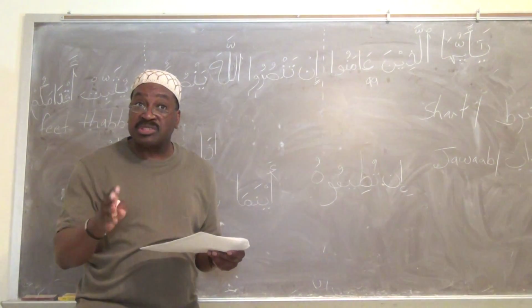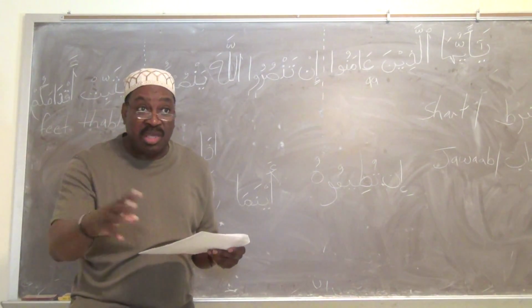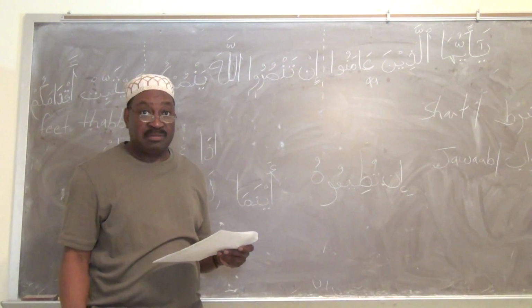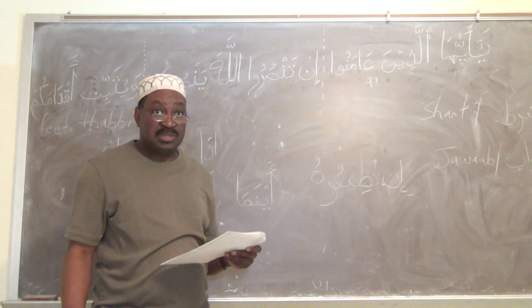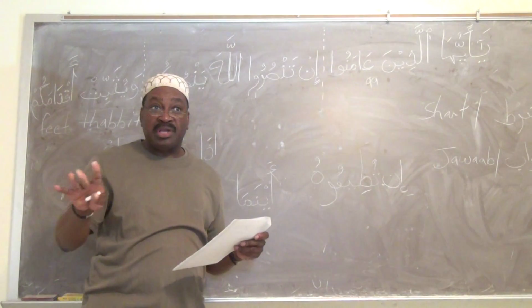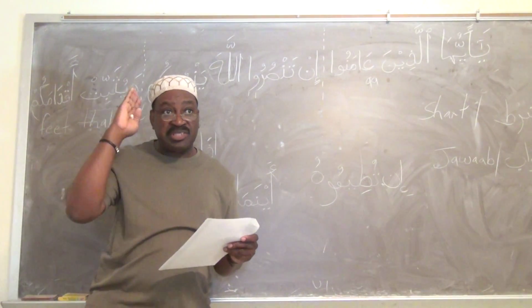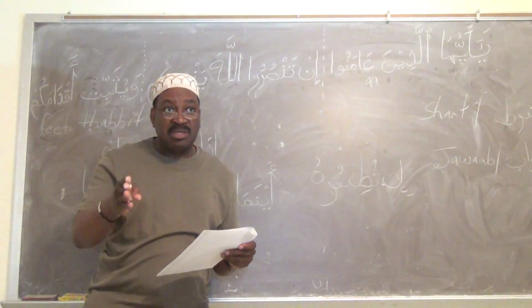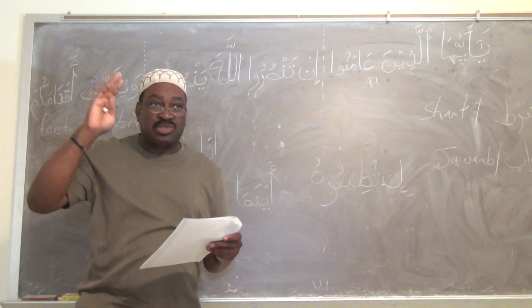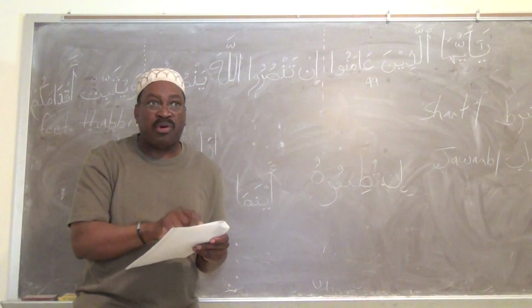Because a conditional sentence, once again, means that if you do this, you will get this in fulfillment of doing something. Okay? Does anyone here not understand? Two parts of the sentence. The first part is the shart, the condition. So what would be the condition here? What would be the shart part of this statement here?